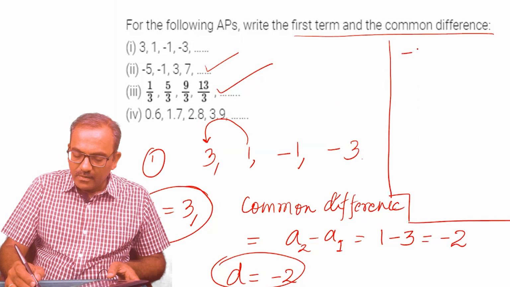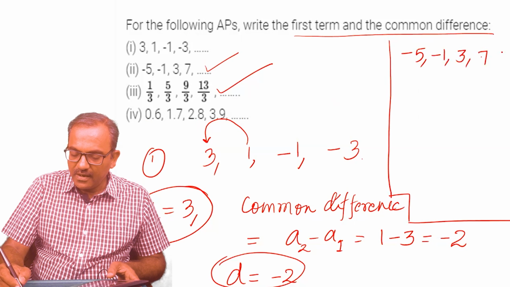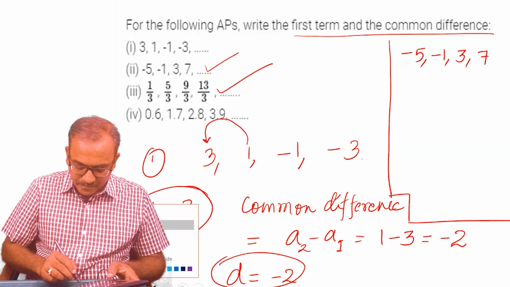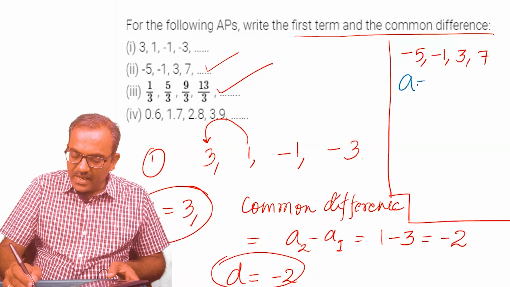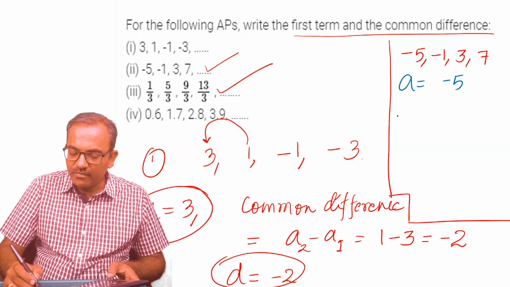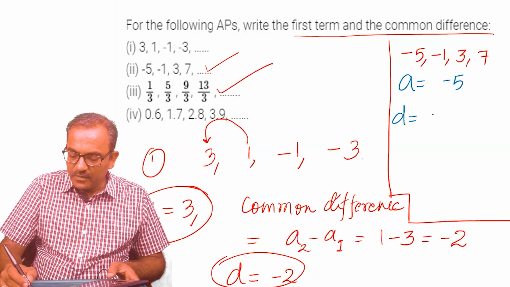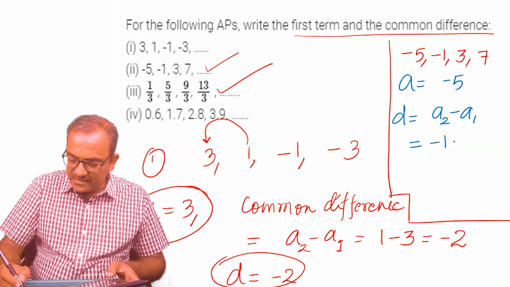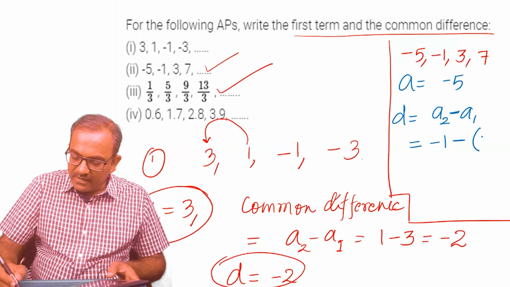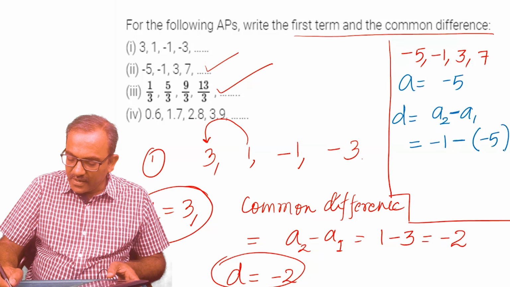We have A is equal to minus 5, D is equal to A2 minus A1. A2 is minus 1, and A1 we have minus 5.